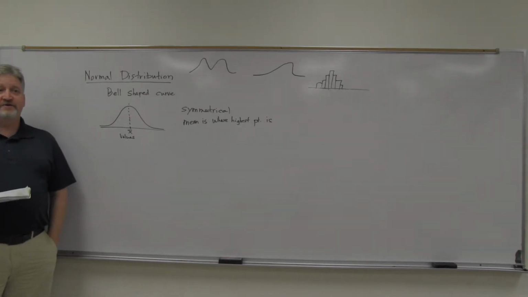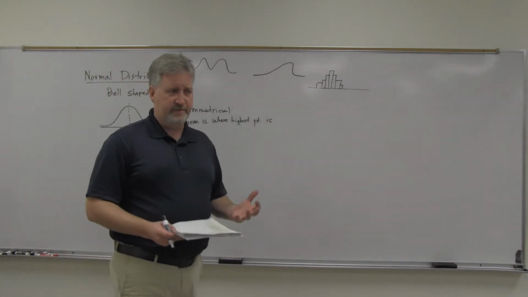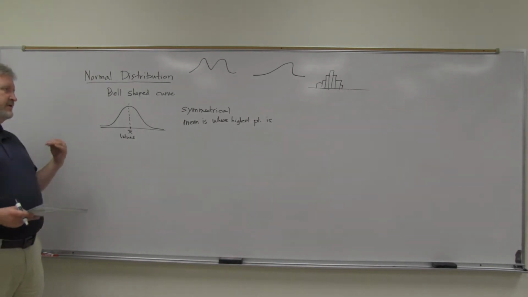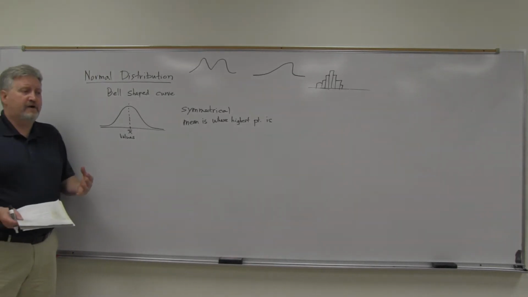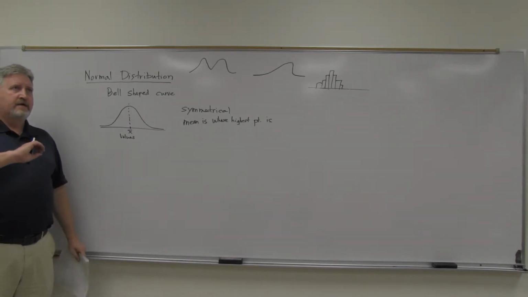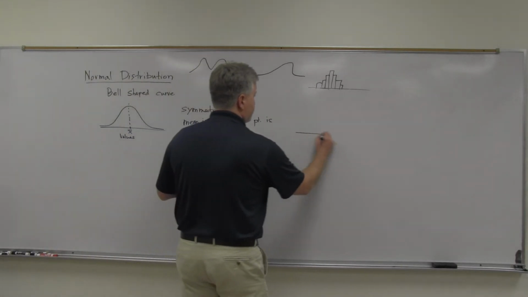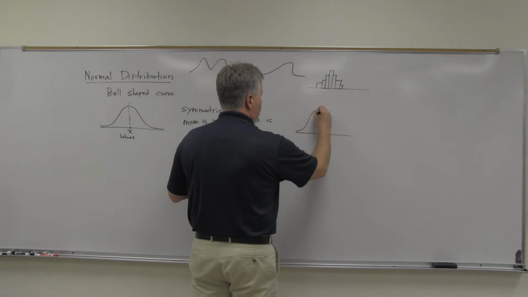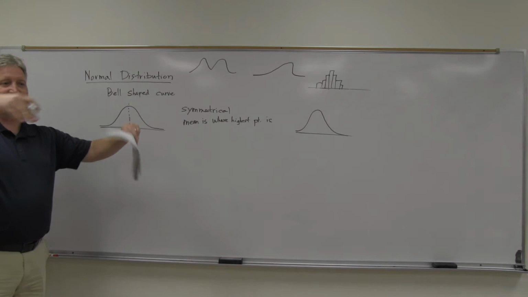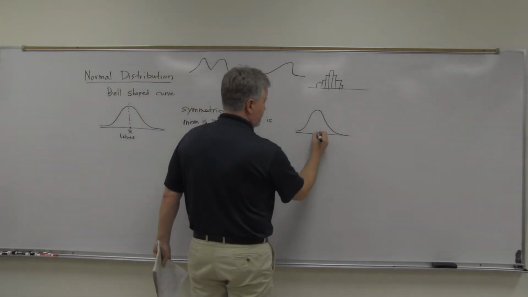Now, here's the kind of questions we're going to be talking about. If I know it's a normal distribution, we're going to try to find out what percentage of values may be within some range. Let me draw another one here real quick. They can be a taller bell or a wider bell, but it has that symmetrical shape to it.